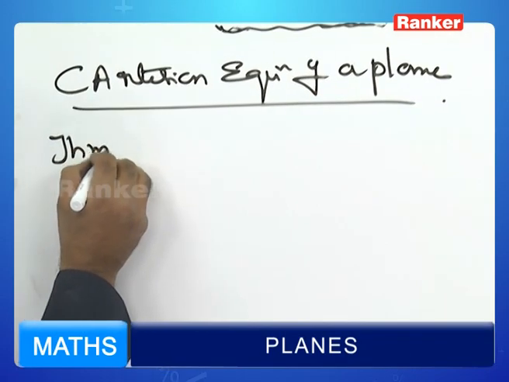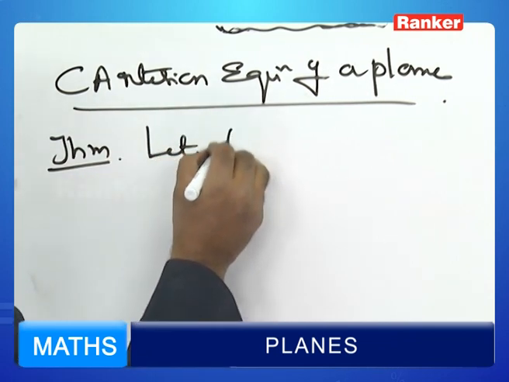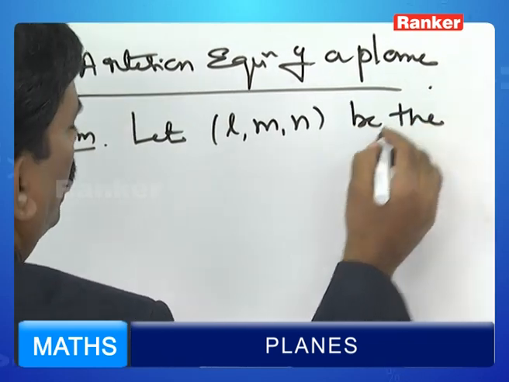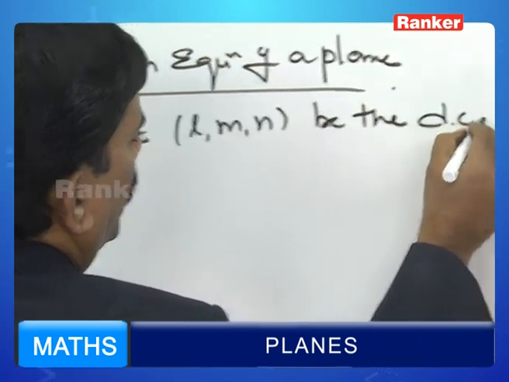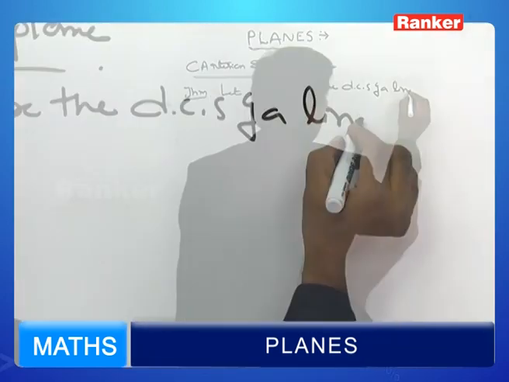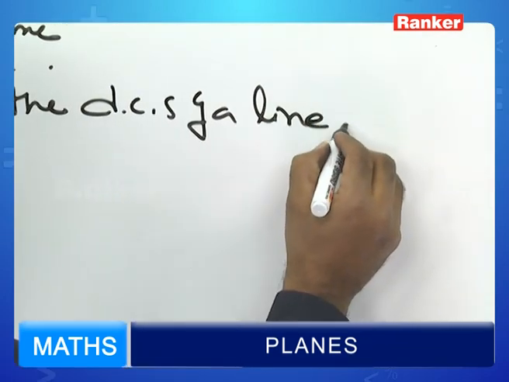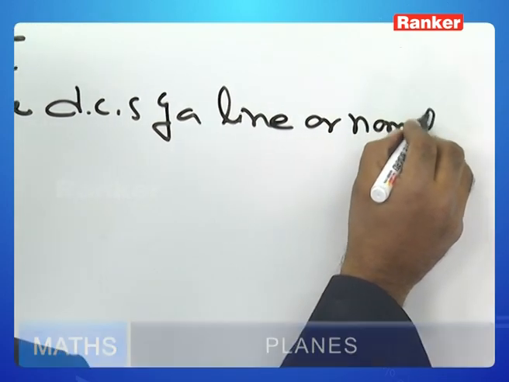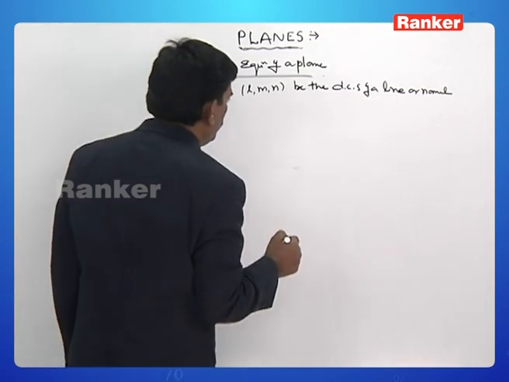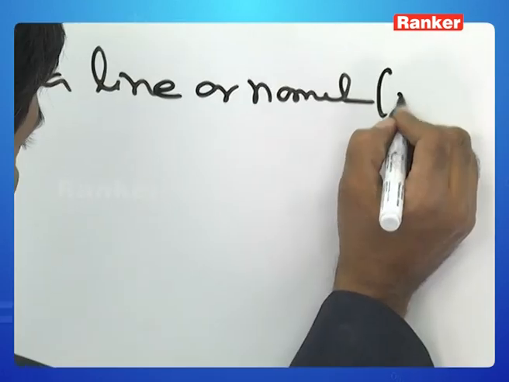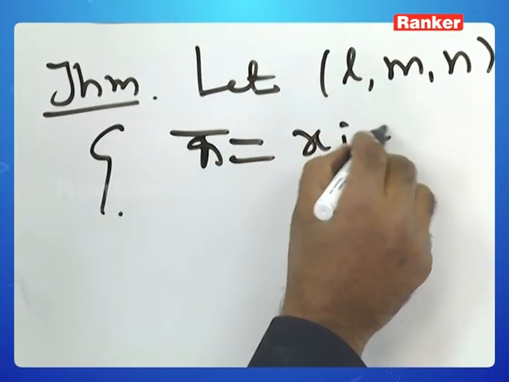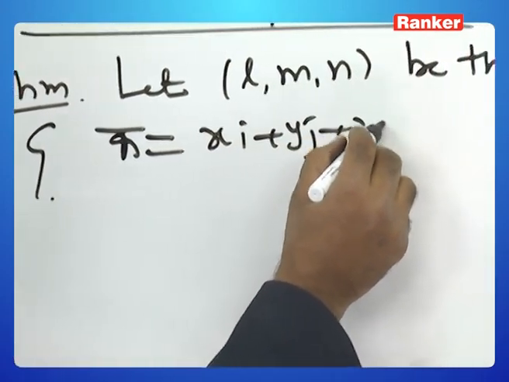Now the theorem is: let l, m, n be the DCS of a line, that is, of the normal n cap, and r bar is equal to xi plus yj plus zk.